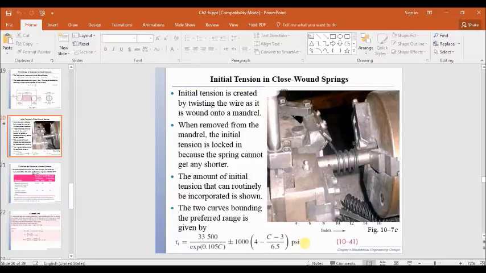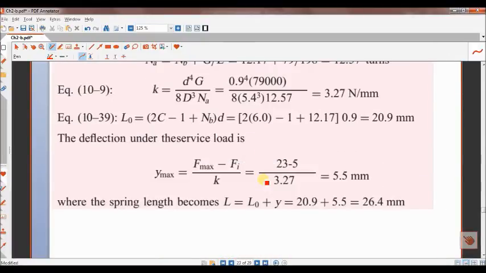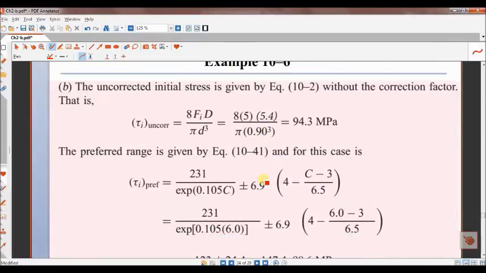But we have to notice that this equation is for American units and we have to convert it to metric.